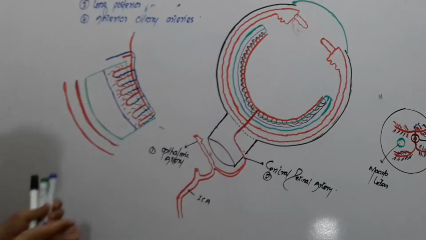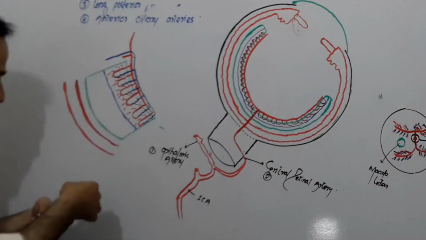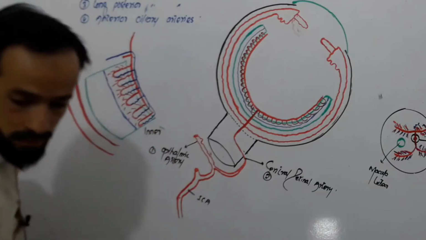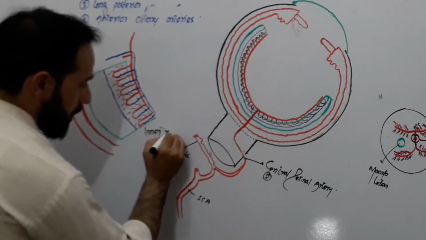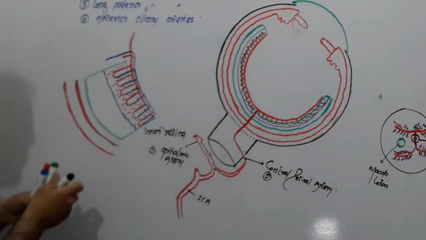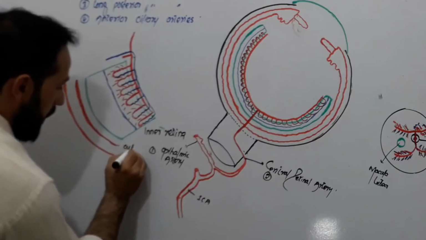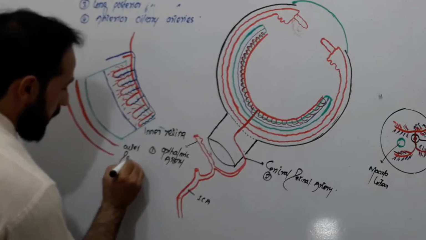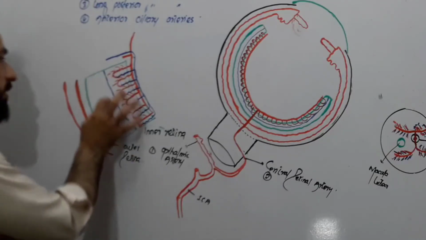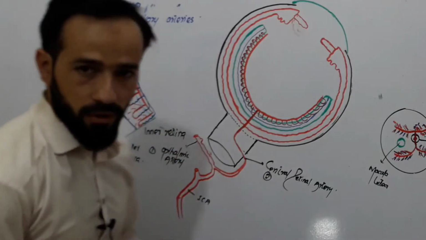So we say that the inner retina is supplied by the central retinal artery, and the remaining part is the outer retina. So what do we say? We say that the outer retina is supplied by another group of arteries.